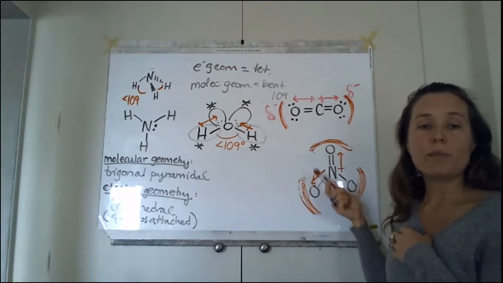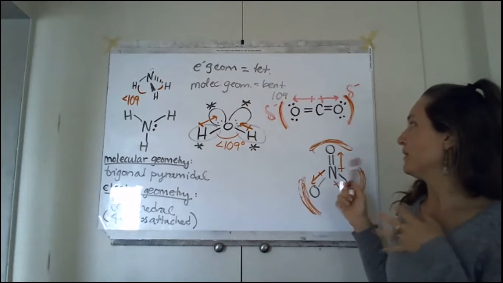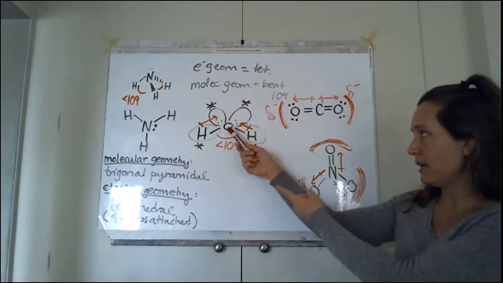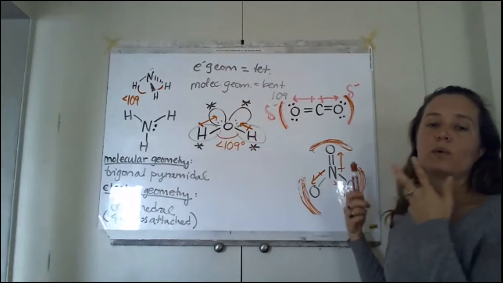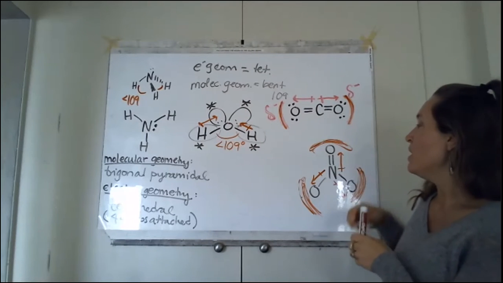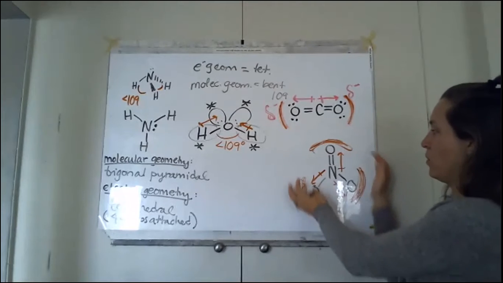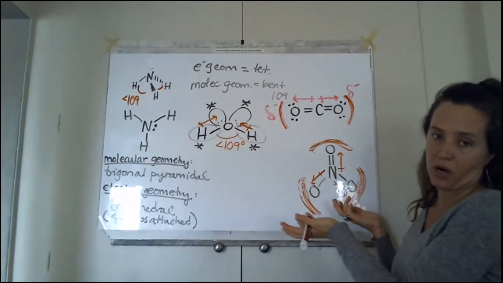And so up on the board, what I'm attempting to show people is the difference between polar vectors not canceling and polar vectors canceling. When we say that, what we're really saying is, if the polar vectors cancel, then there's no one part of the overall molecule that has more electron density than another part, right?